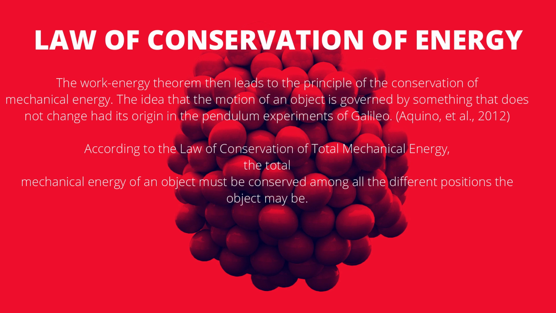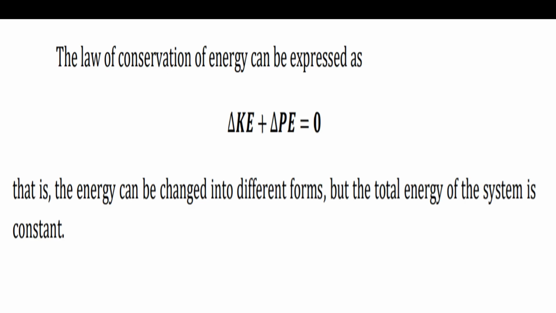According to the law of conservation of total mechanical energy, the total mechanical energy of an object must be conserved among all the different positions that the object may be. The law of conservation of energy can be expressed as change in KE plus change in PE is equal to 0. That is, energy can be changed into different forms, but the total energy of the system is constant.